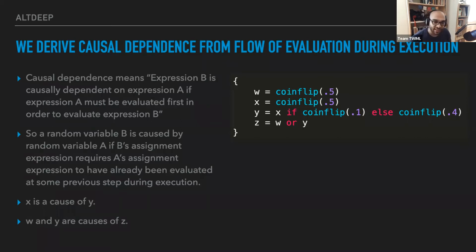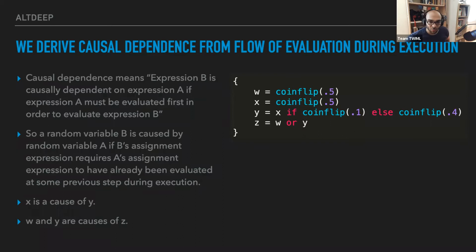Now, you might look at this and say, well, I can kind of see an implicit graph there, right? There's an edge from X to Y, and there are two edges from W and Y to Z. But we could add some control flow here, so that we can have an if statement so that Z is defined in terms of W or Y if the if statement evaluates to true, else Z equals coin flip 0.5.